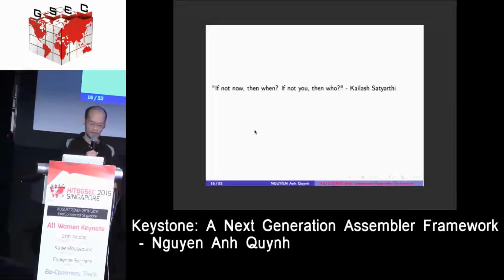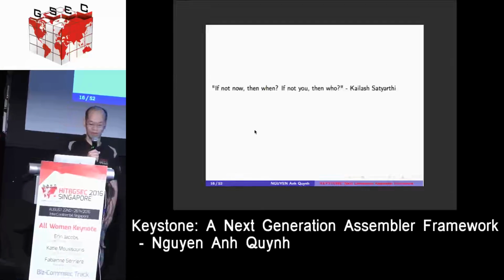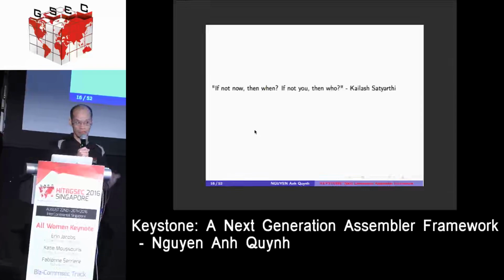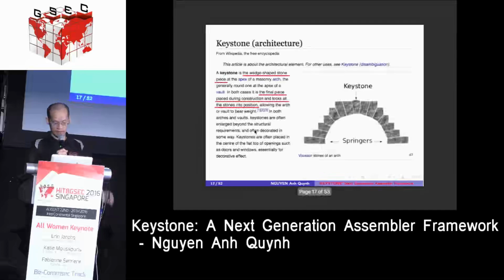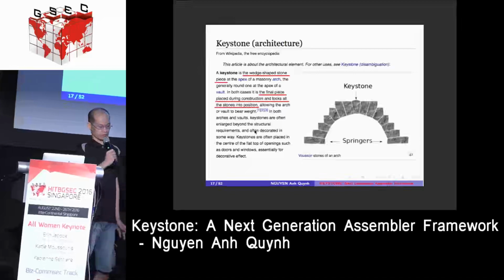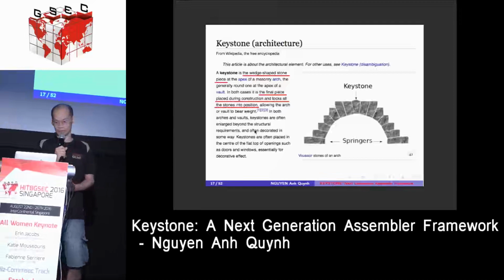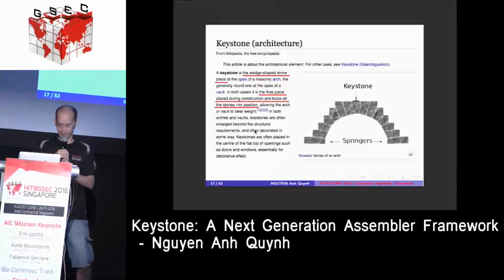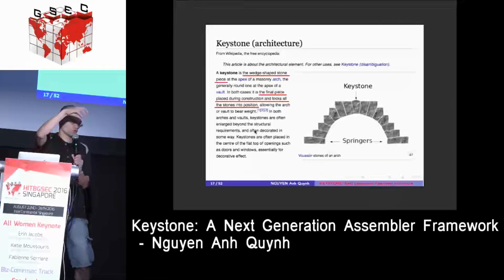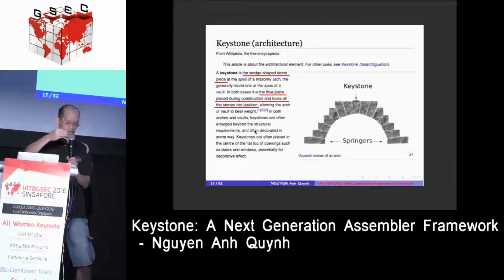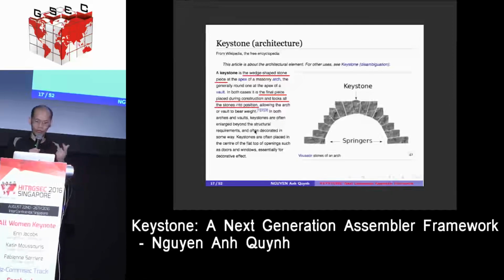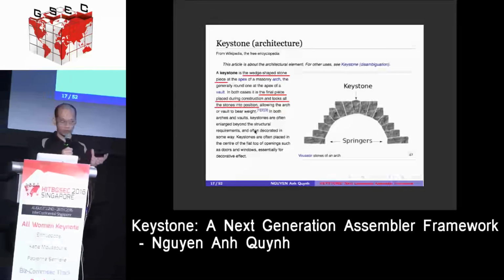Because I had so much fun with the Capstone framework and the Unicorn framework, I decided to step up again and try to solve this problem. That's why Keystone was built. The name Keystone came from a private conversation with FX. In architecture, a keystone is a piece of stone that you put on top of an arch during construction to lock the other stones in position.